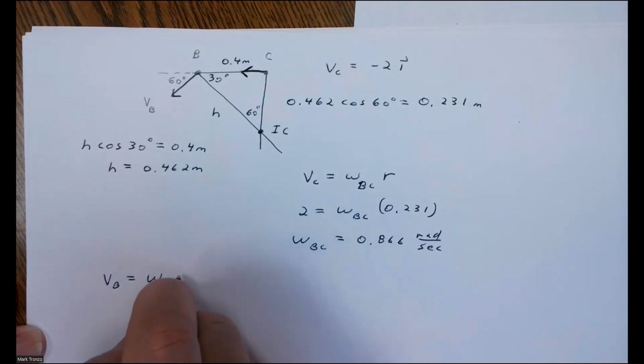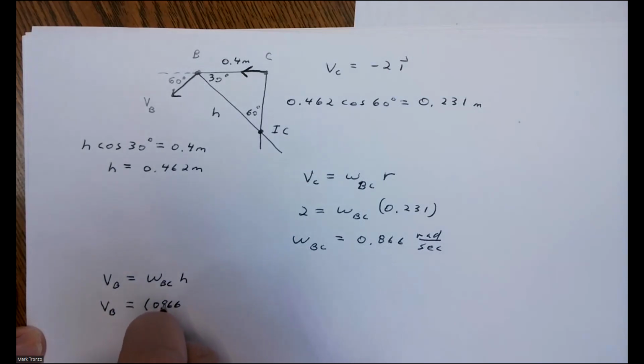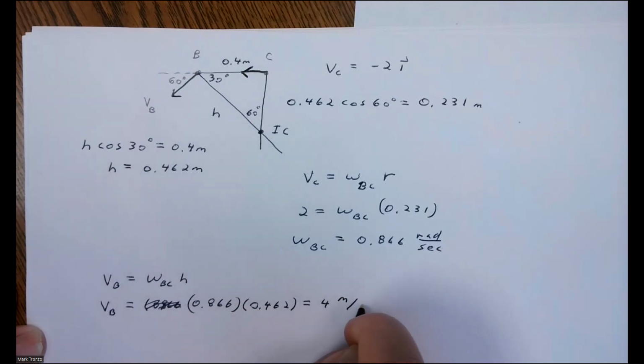Now, its radius is going to be H. And so the velocity of B is going to be equal to 0.866, I better rewrite that, times this H. And that ends up being 4 meters per second.